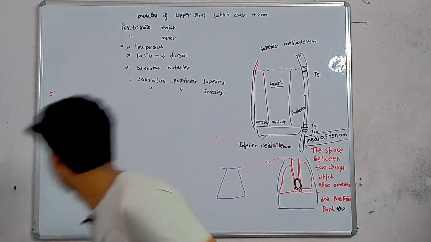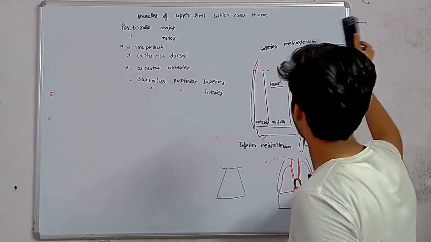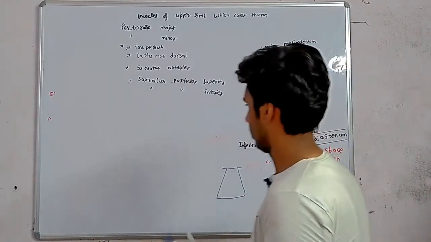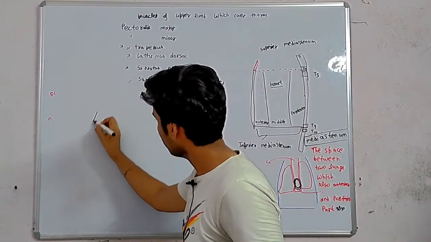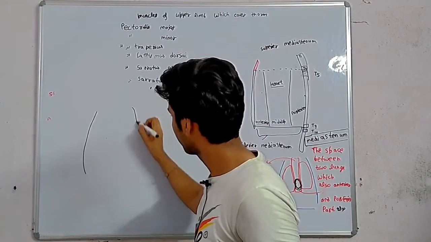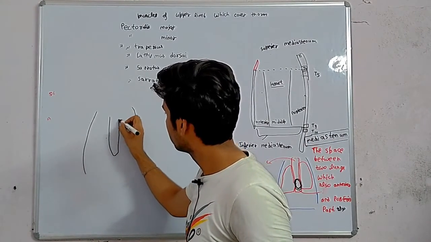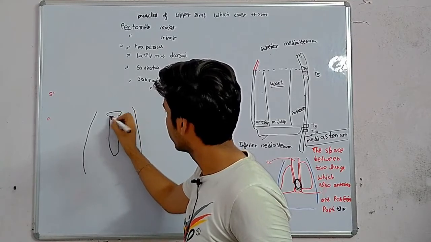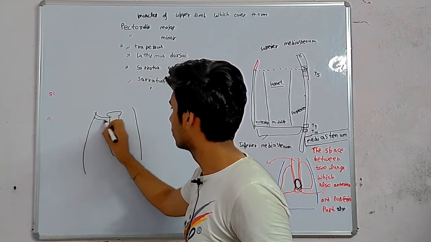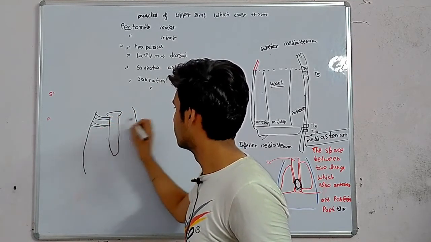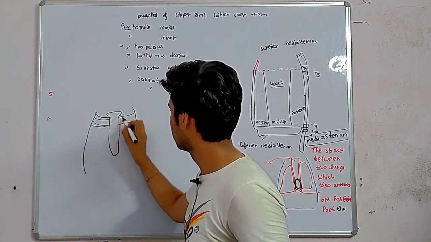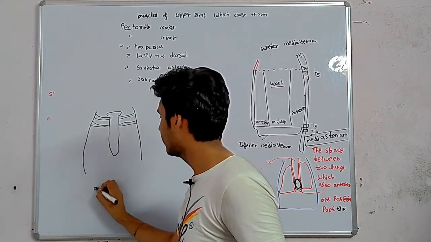Okay, so now first take a section. Let's say this is thorax. This is sternum. And bones. These are ribs. This is the anterior view.